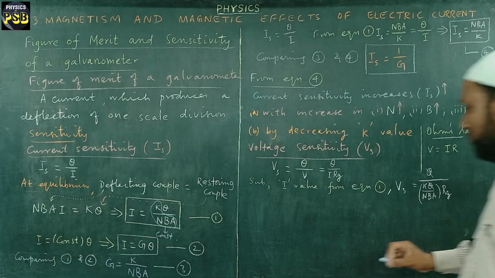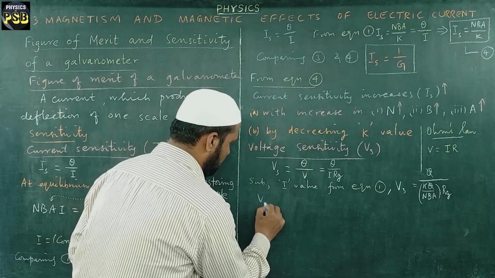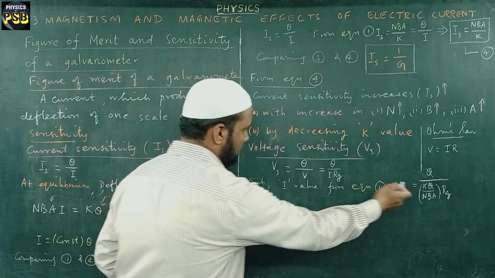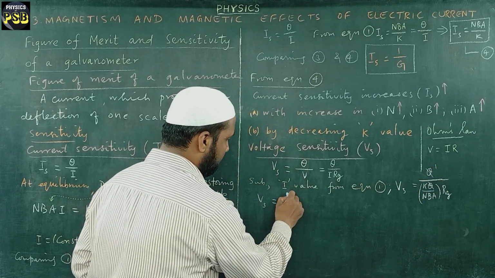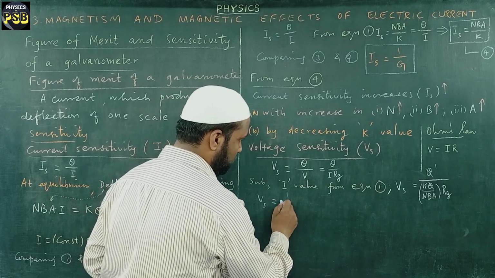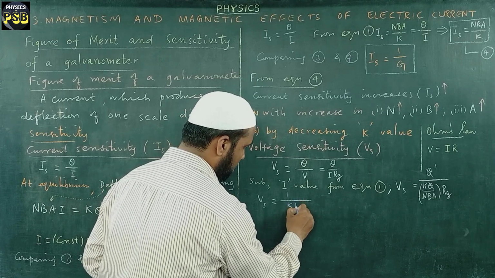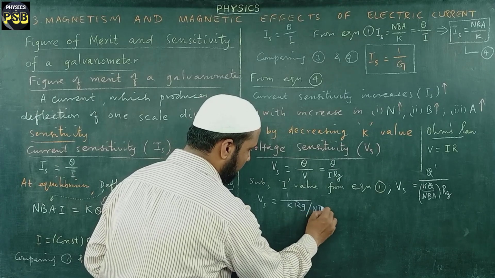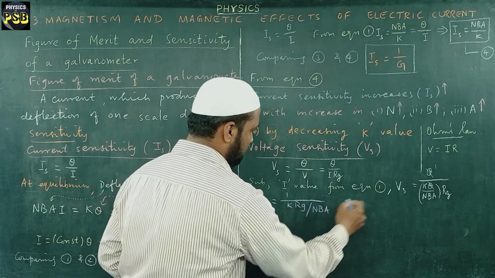And in the next step, what do we get? Vs equals, we cancel, it becomes 1. Here we have 1 divided by K Rg divided by NBA. This is what we have in that equation.